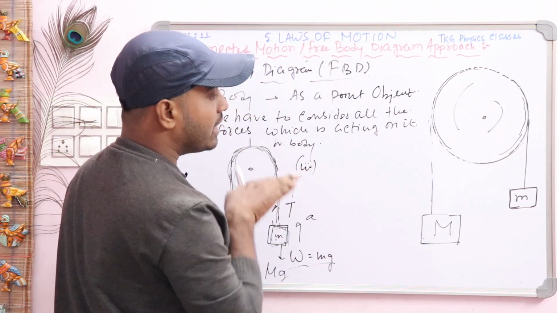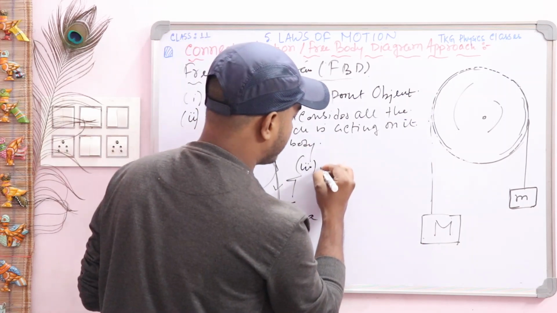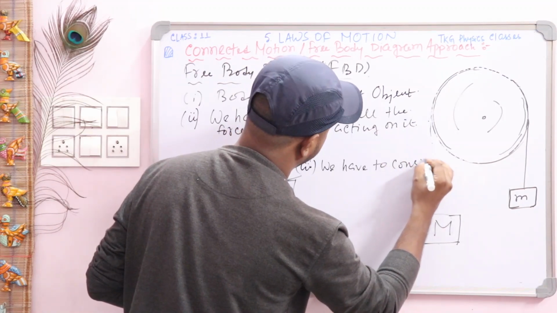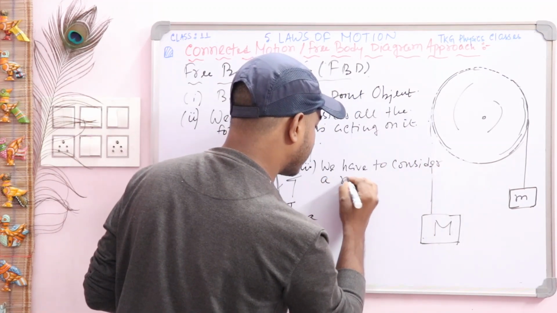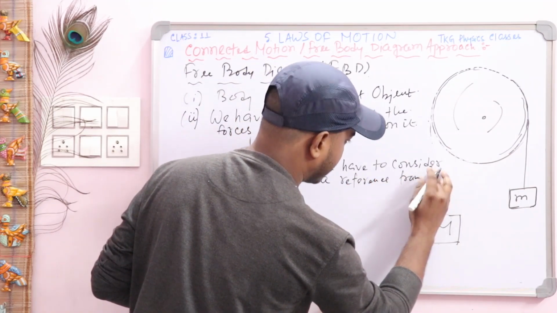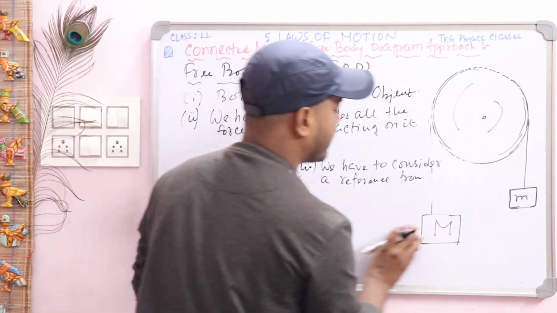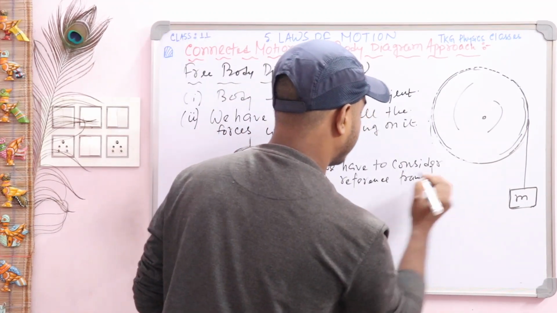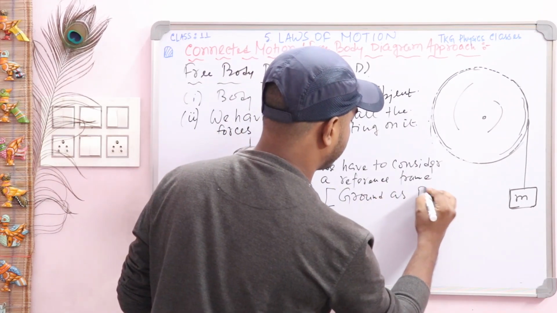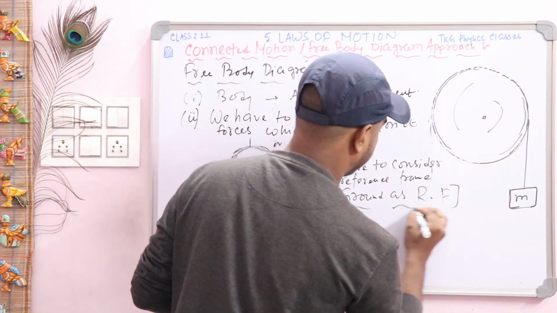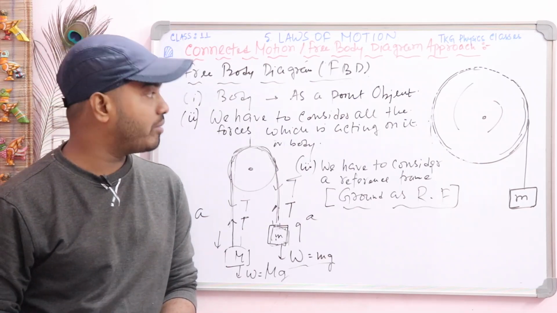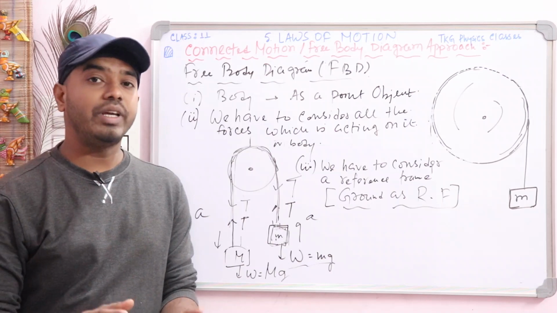We have to consider a reference frame. In most of the problems, we consider the ground as a reference frame. This is named an inertial frame. So this is the basic concept.